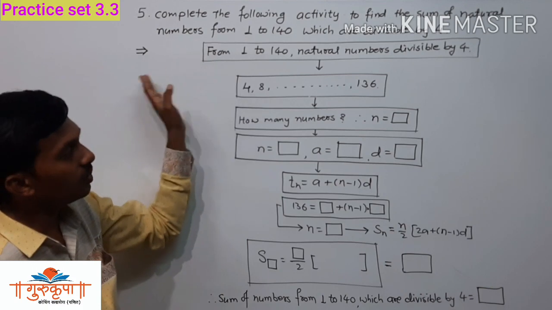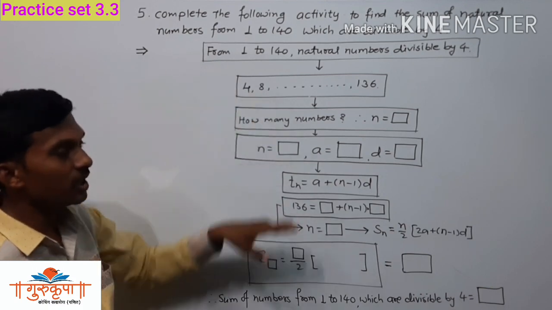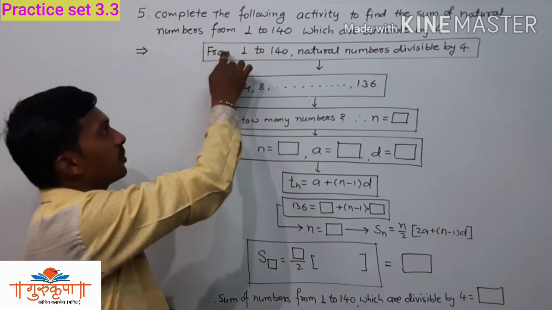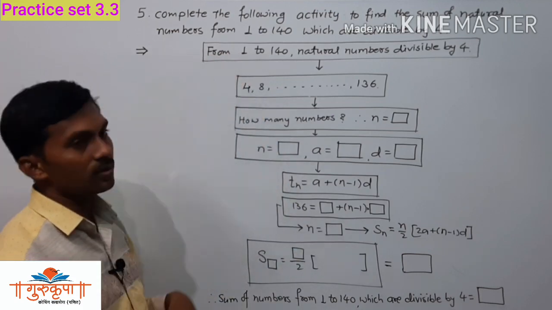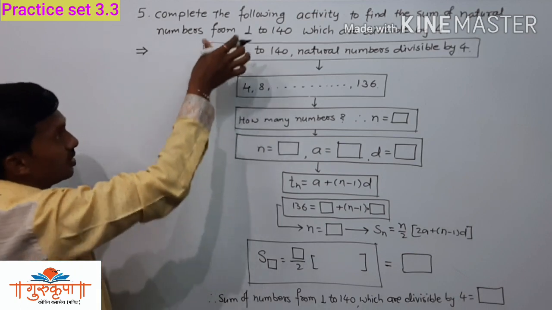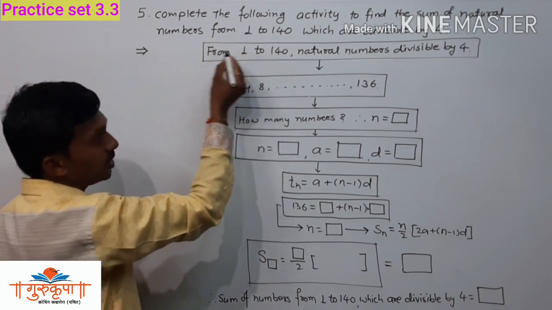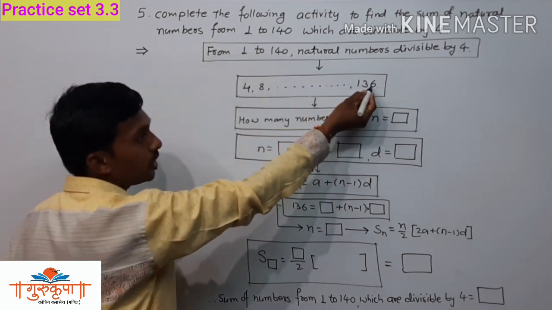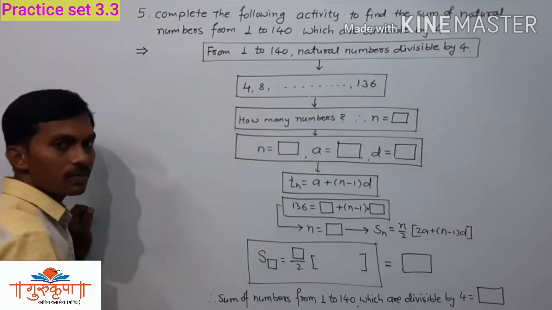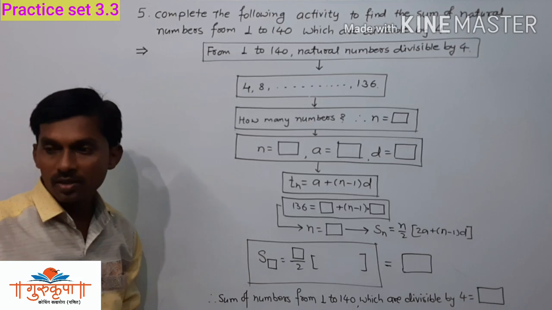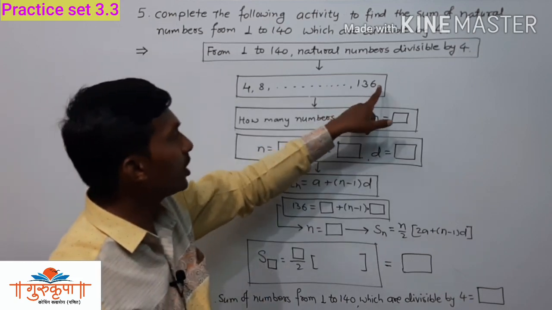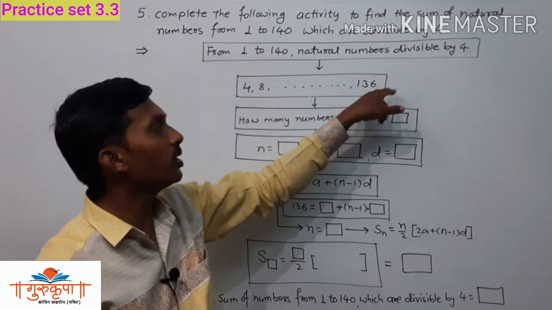But here we are unable to make any change since it is an activity. Actually it is a print mistake. We will make a change here. If we write the word from here, then we have to include 140 also. We have to include 140 here, since after 136 we do not have space, or you do not have an empty box there.